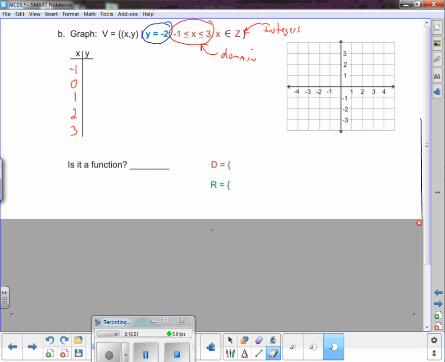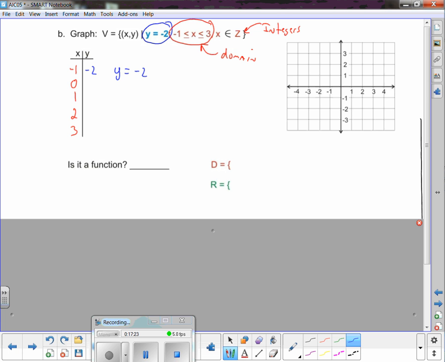Now we're ready to go ahead and start figuring out who our girls are. All right, here's our function. Y equals -2. There's nowhere for the x to go, is there? When x is -1, y equals -2.